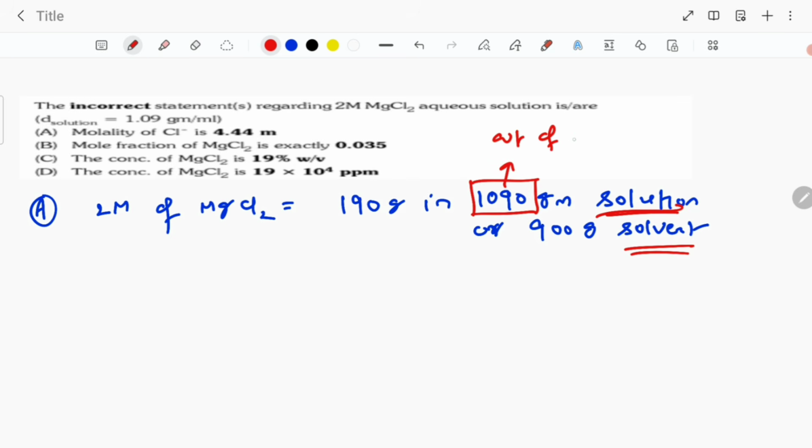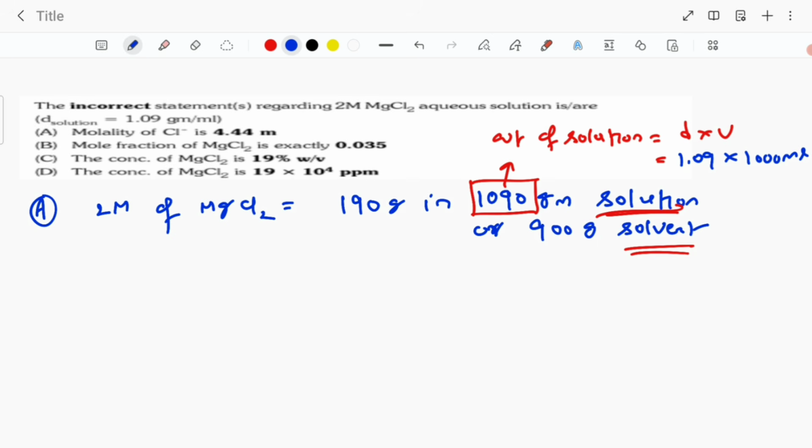Here weight of solution is equal to density into volume. Density here is given as 1.09. Volume is 2 moles per liter. Molarity means 1000 ml, that gives 1090 or 900 grams of solvent. Anyway you can interpret it.